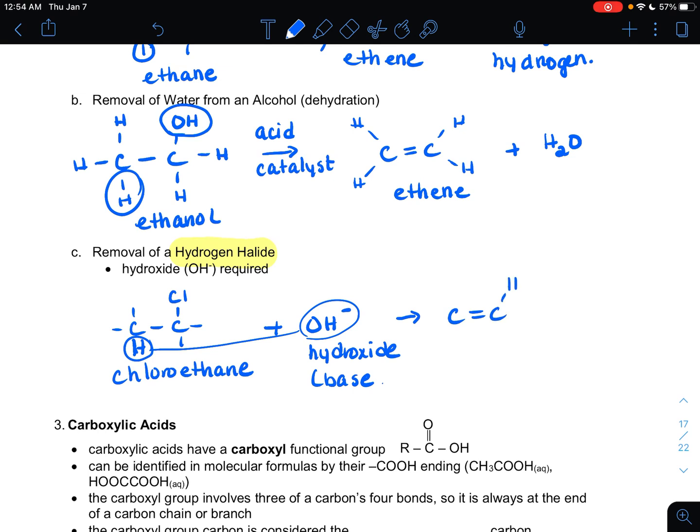So the product is, again, ethene. It's kicked off the chlorine, so I have Cl minus, and that hydroxide has combined with the hydrogen to form water. Okay, so that's a little bit of a different one where you need an extra reactant to actually get it to occur.